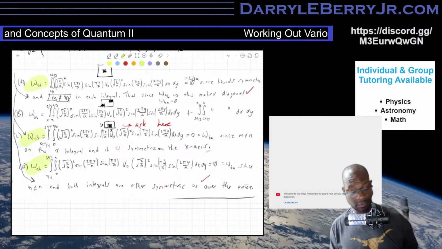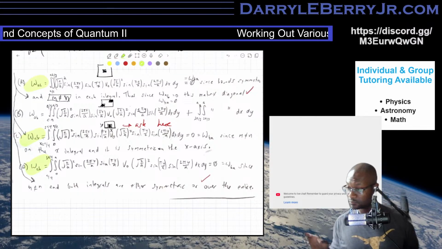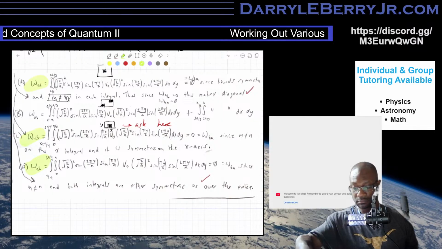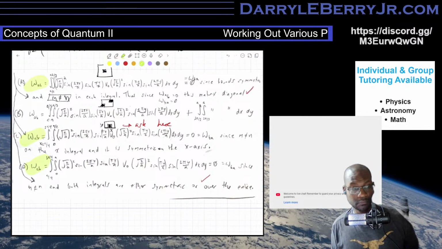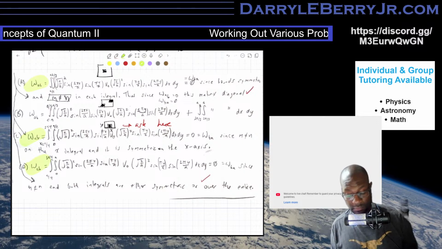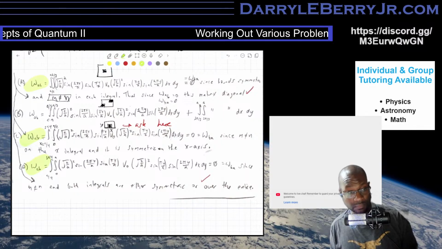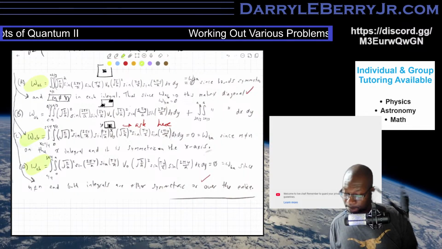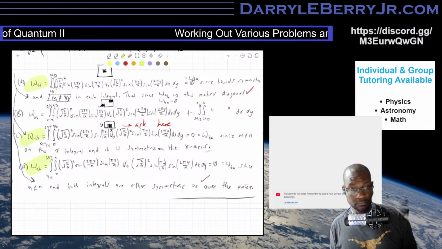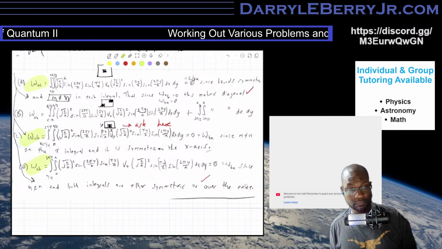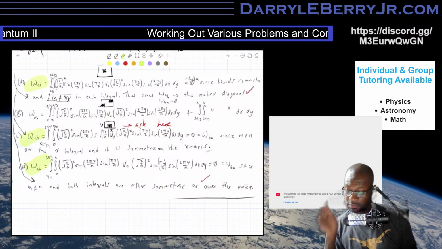A over 4. So I'll check the third one. All right, so that one is symmetric, so it's 0.